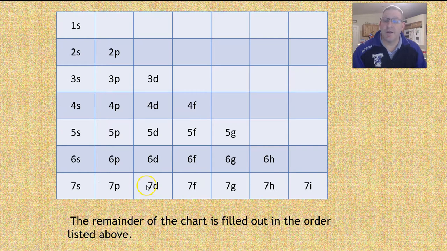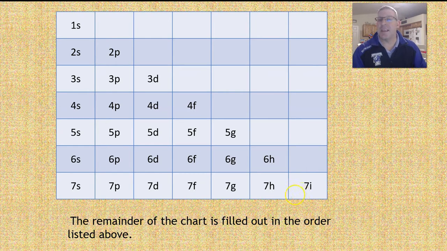As you notice, we do have some energy levels that are not used. We do have a 5g, 6f, 6g, 6h, as well as 7d, 7f, 7g, 7h, and 7i. Once again, these are positions or orbitals and placements that electrons have the ability and the opportunity to go to.